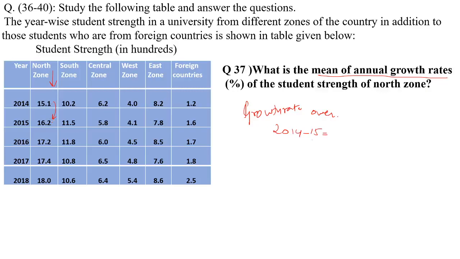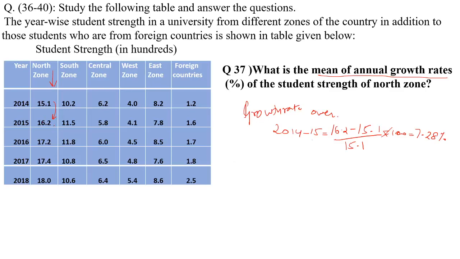It is 16.2 minus 15.1 upon 15.1, into 100. It comes out to be 7.28%.